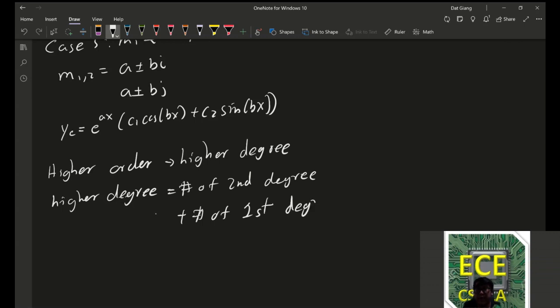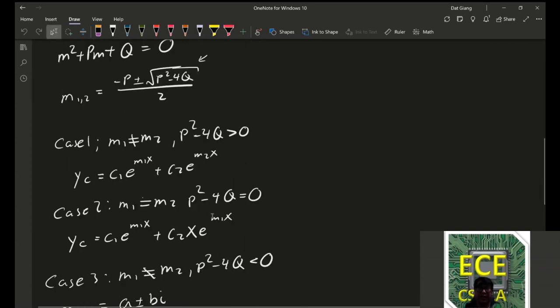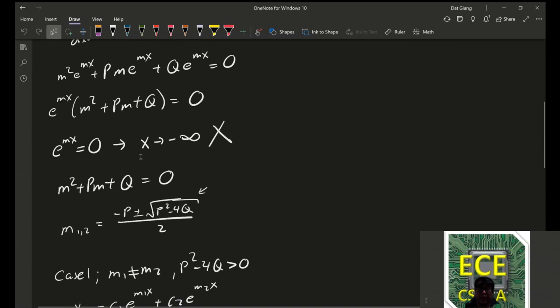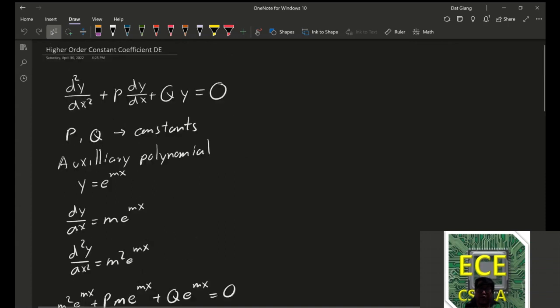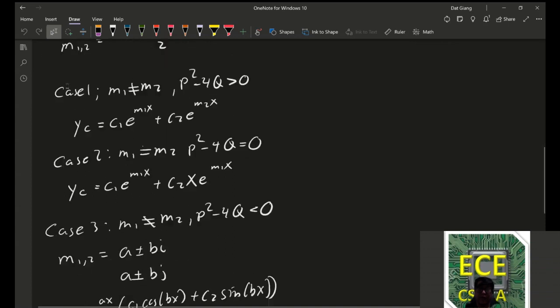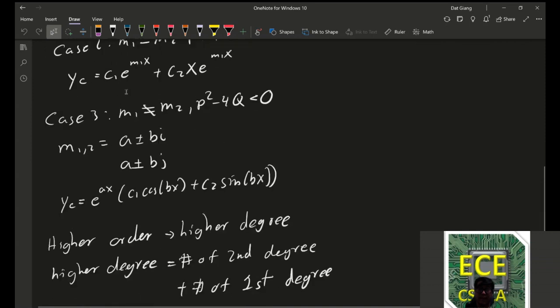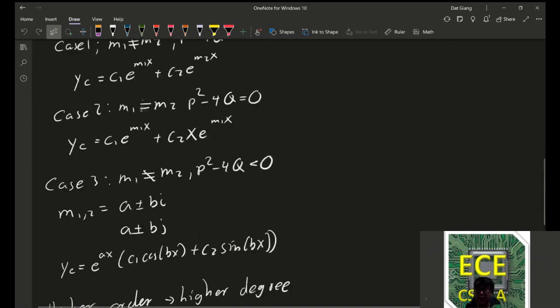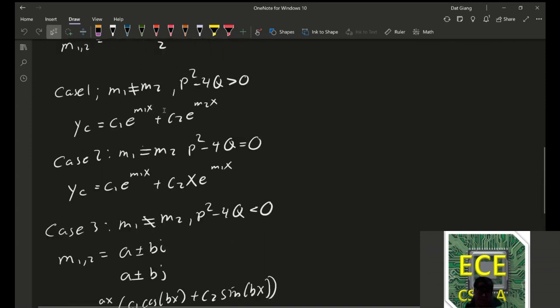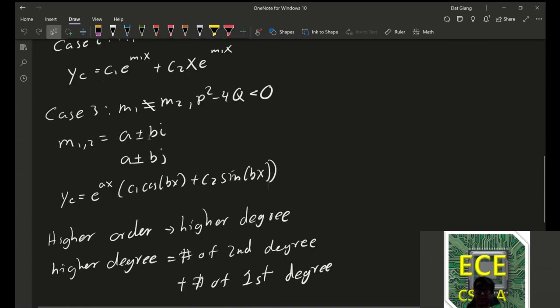In essence, we can break down every third order, fourth order, and higher into a combination of second degree and first degree. What that essentially tells us is that for an auxiliary polynomial, and therefore for a differential equation, we only have 3 cases. And going for third order and higher, we have combinations of those 3 cases.